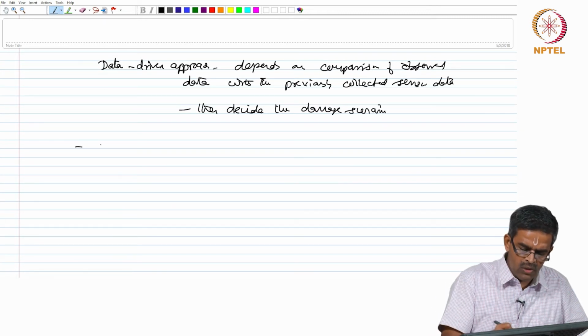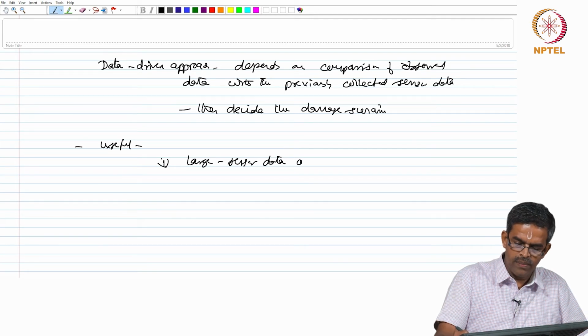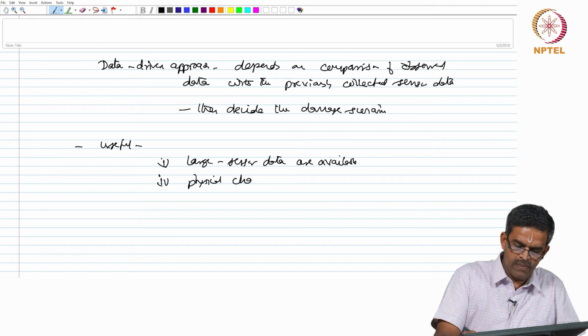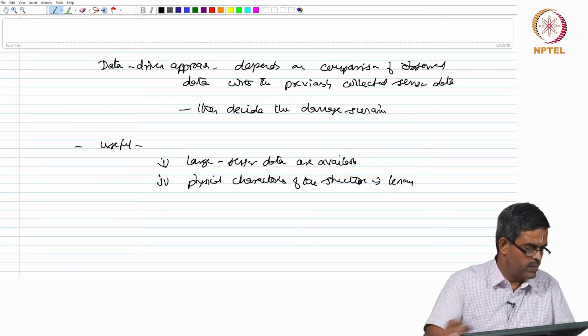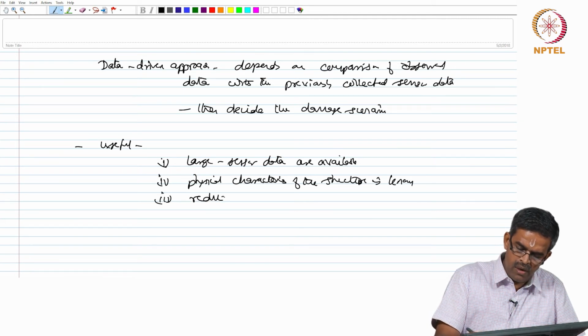Data driven approaches are useful when, one, large sensor data are available; two, physical characteristics of the structural model are not known; and three, there is a demand of reduction in computational effort.